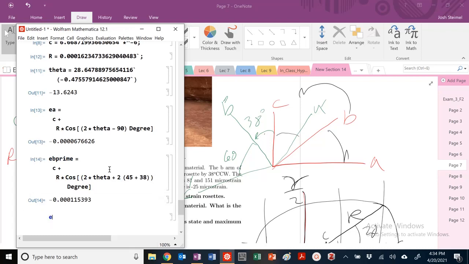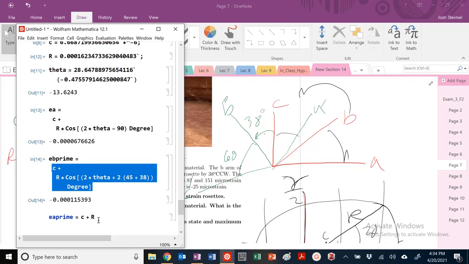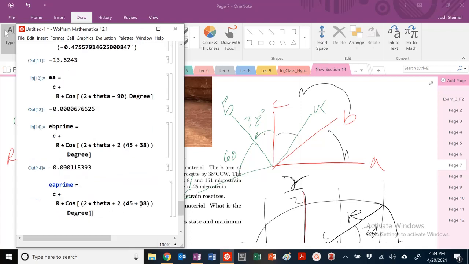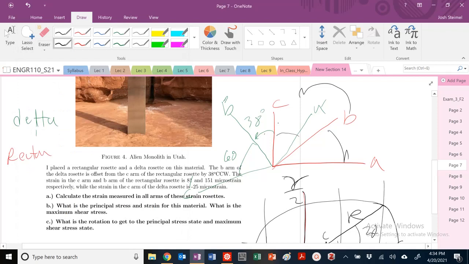And then my A prime is going to be, again, C plus R. Let's just copy this over here. So now this is the harder one, but we're going to do a little bit of work. So this is offset 38. So what's the remaining angle? So now this has to be, what is it, 60? This needs to be 20. This angle between here and here is going to be 22 degrees, right?